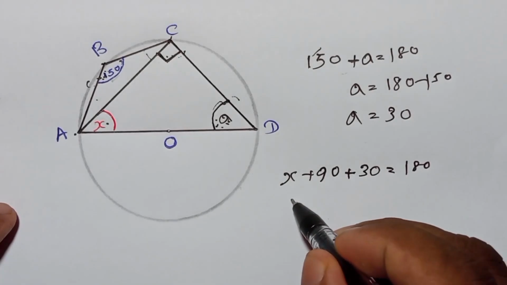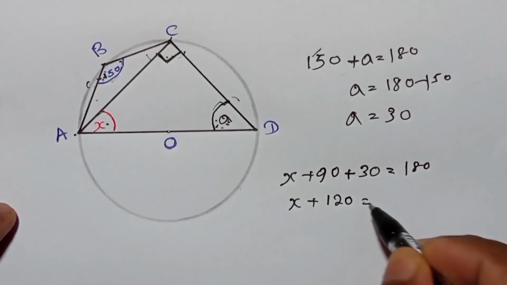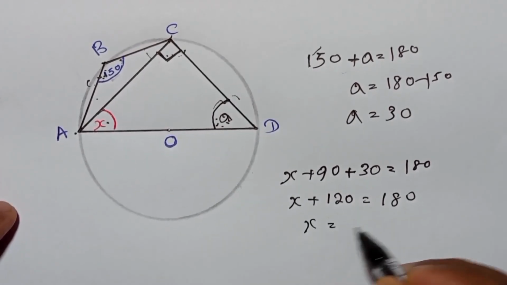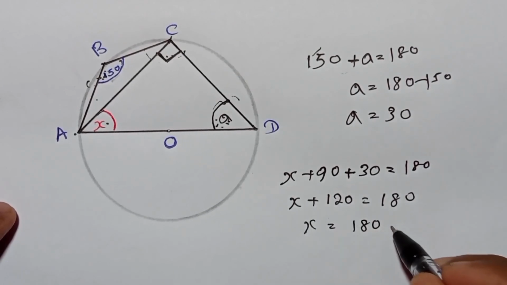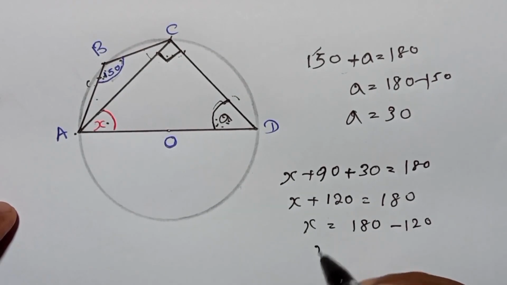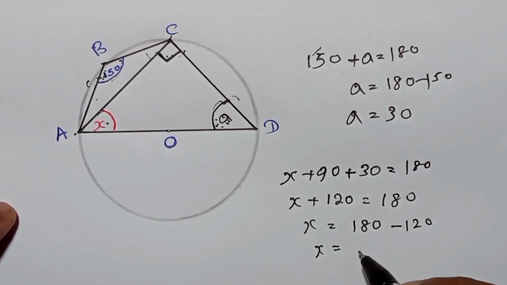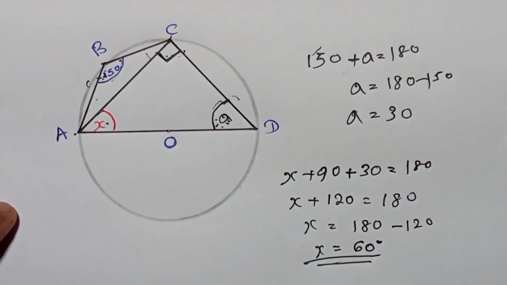So here x plus 90 plus 30, which is 120, equals 180. So x equals 180 minus 120. Bring this 120 to this side, it will be minus, so 180 minus 120 means 60. So x equals 60 degrees.